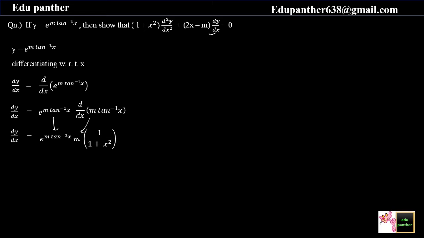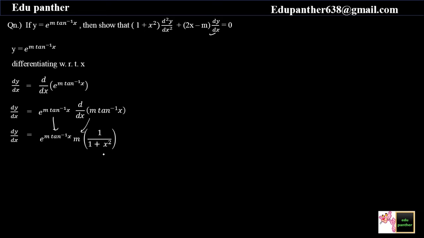Now we want the second order derivative also. There are two options here. First, we can directly differentiate this function and then we'll get the second order derivative, substitute all the values in the left hand side of the equation, and we'll get the right hand side. Or else we can simplify our process. How to simplify this? If we take the derivative of this function, we have to use either the u into v or u over v formula.